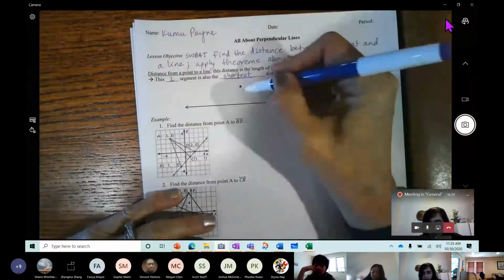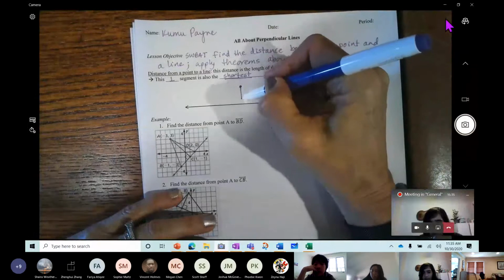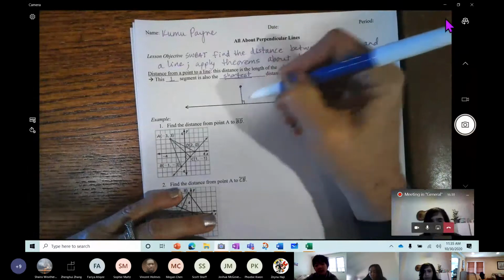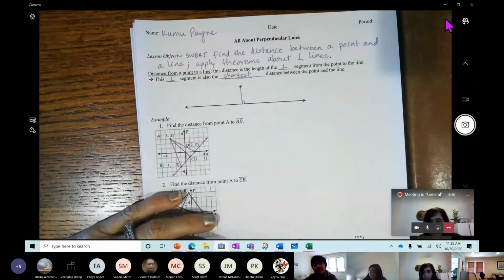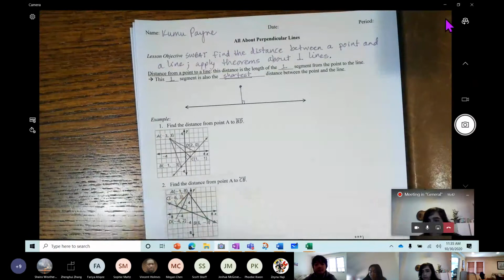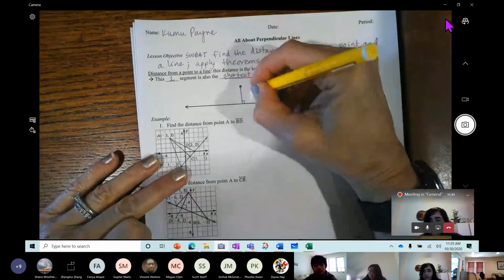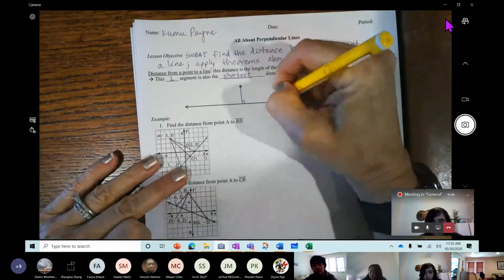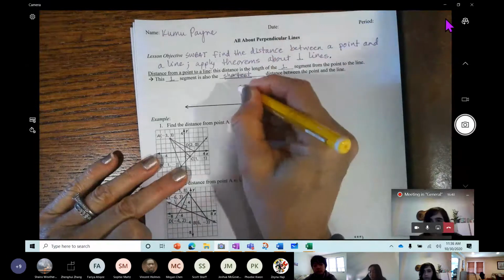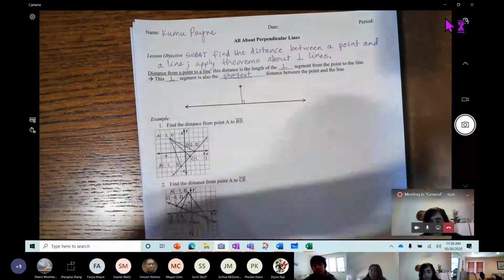So say I have a point here, any point. Well, you can draw a line straight down that's perpendicular. But any other line that you draw, whether it's here or here or here, they're all going to be longer.